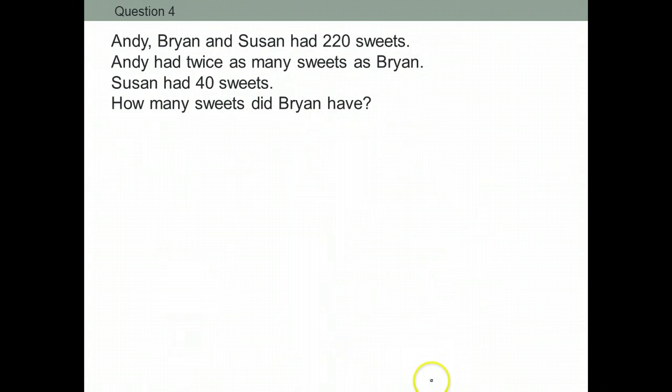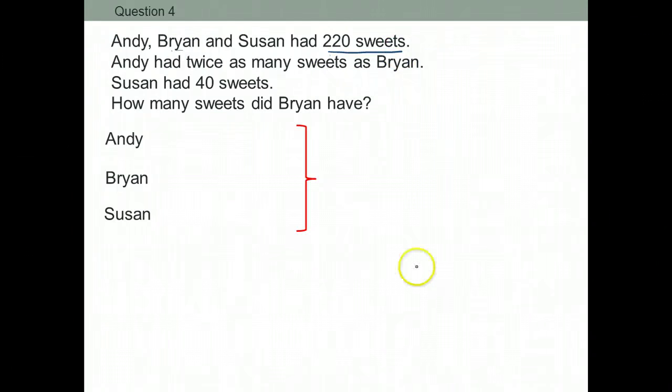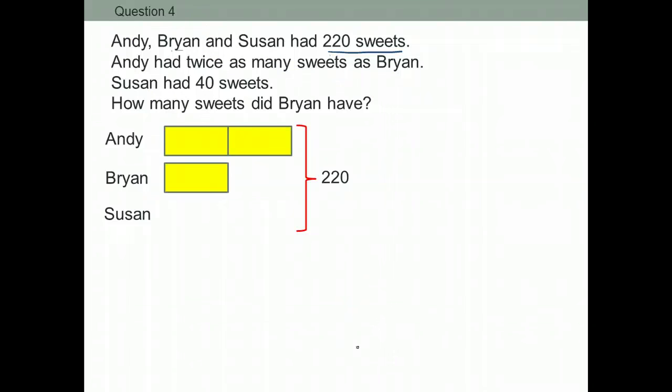Right, let us draw our model to help us solve. I know I have 3 persons, right? We have Andy, Bryan, and Susan. And they have 220 sweets altogether, so I put 220 sweets here. Andy had twice as many as Bryan, so Andy has 2 units. Bryan has 1. And we know that Susan has 40 sweets.